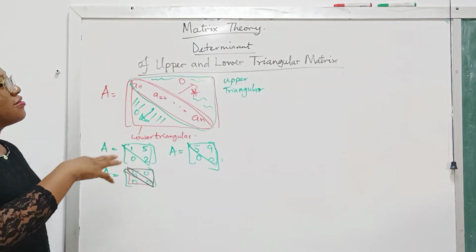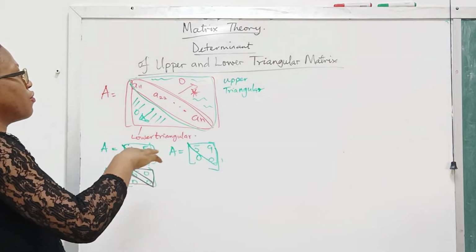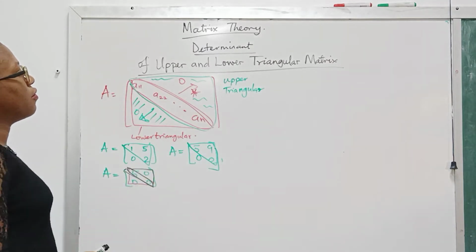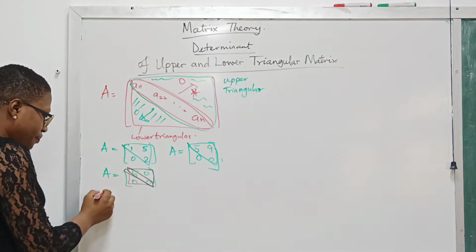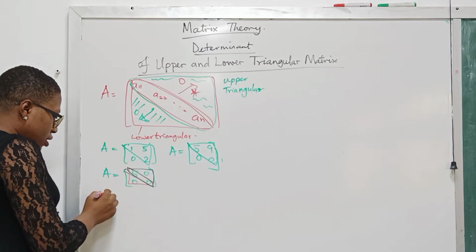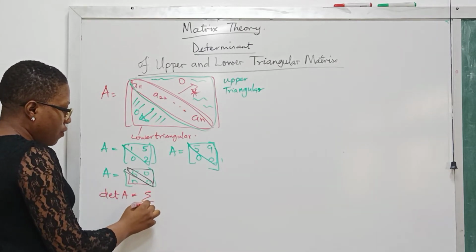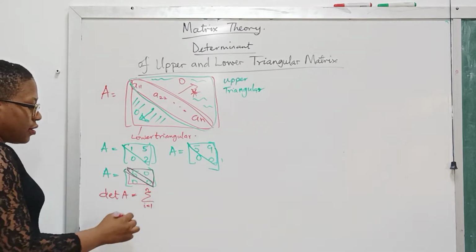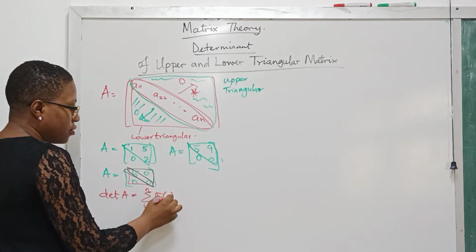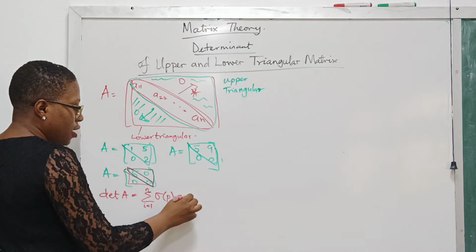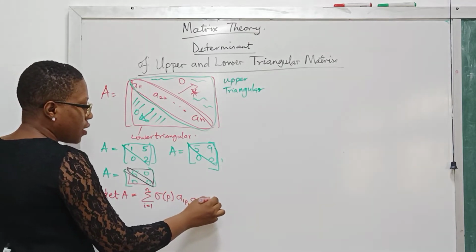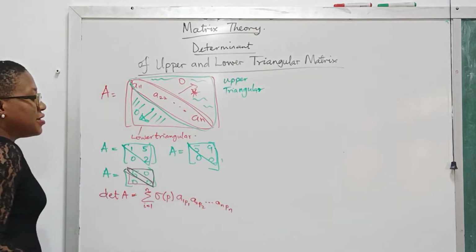Now the aim of this is to find the determinant of an upper and lower triangular matrix. So remember that the determinant of A has the formula summation, I from 1 to n, of the sign of the permutation times A1P1, A2P2, up to ANPN.